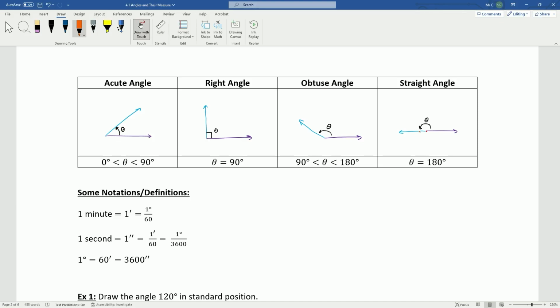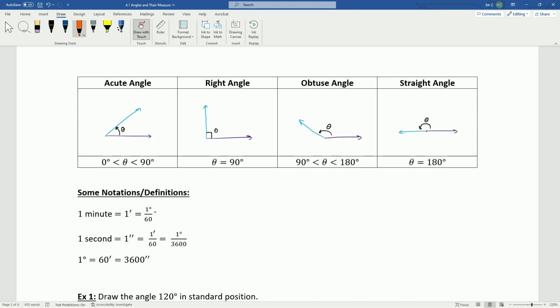All right, and so one last bit of notation and definitions. Oftentimes when talking about navigation, we divide degrees up into subunits called minutes and seconds. So 1 minute, which is notated 1 with the little dash that looks like an apostrophe, is equal to 1 degree divided by 60. So 1/60th of a degree.